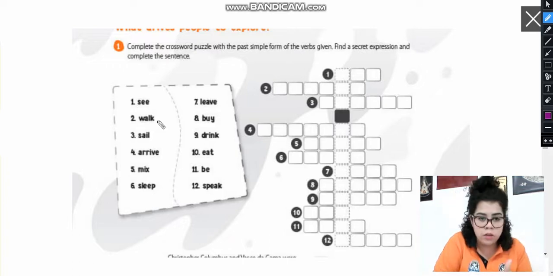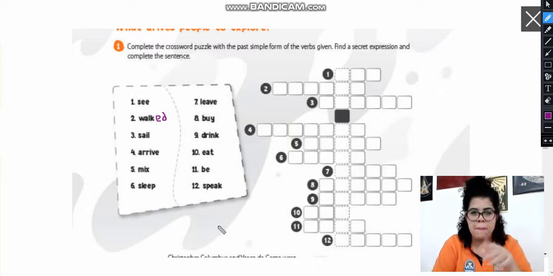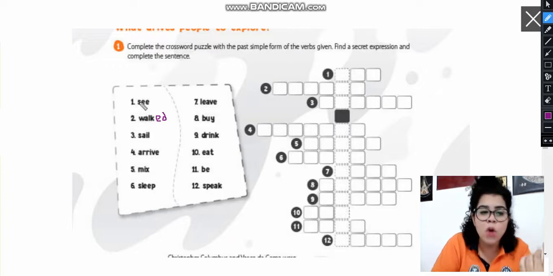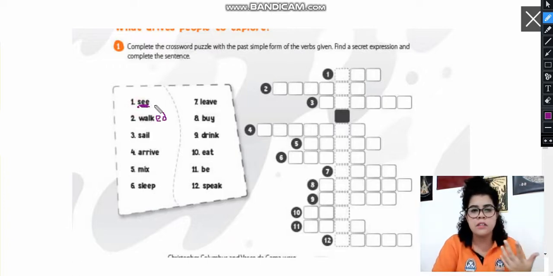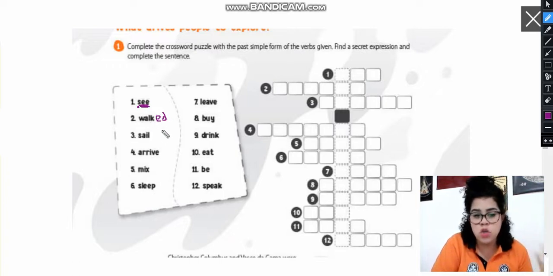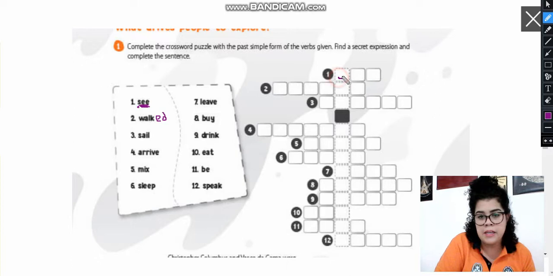Walk is a regular verb, so the simple past of walk is walked, right? Now the irregular verbs, just like see, I cannot use the same rule. The simple past of see is saw.